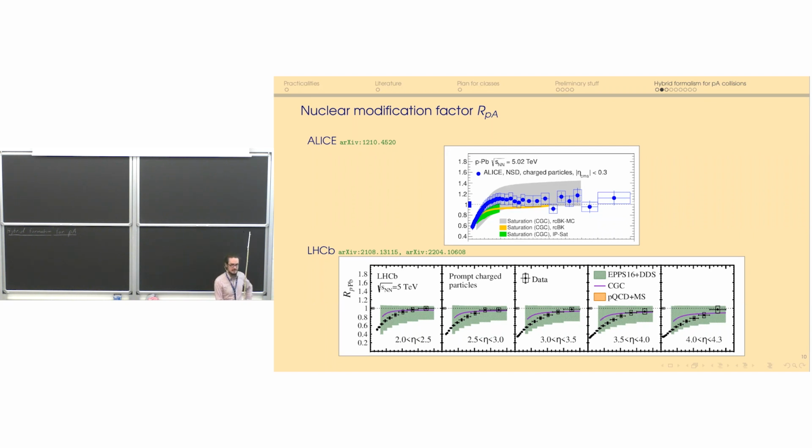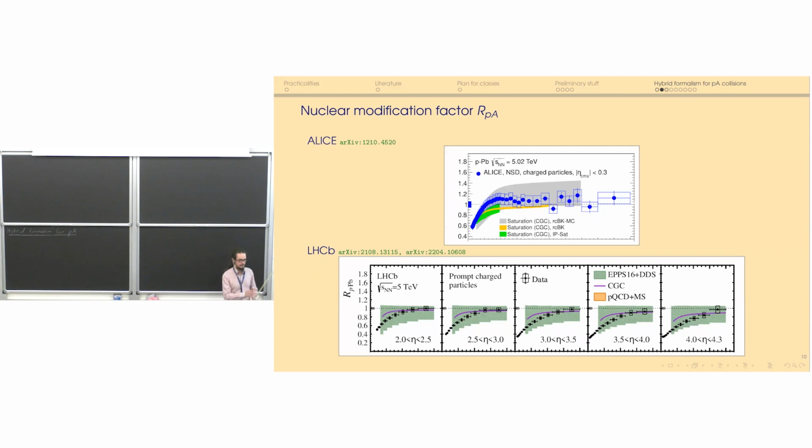I think most of you know what an RPA is. RPA is the cross-section in proton-nucleus collisions divided by the cross-section in proton-proton collisions for the same process. If you have a ratio of cross-sections, then it is normalized by A, the atomic number of the nucleus.